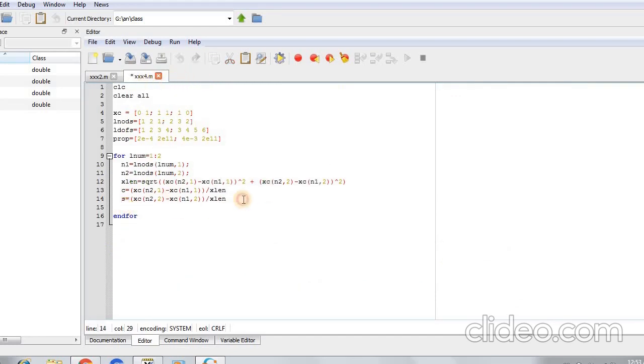Okay. So here, oh my god, where's the cursor gone?